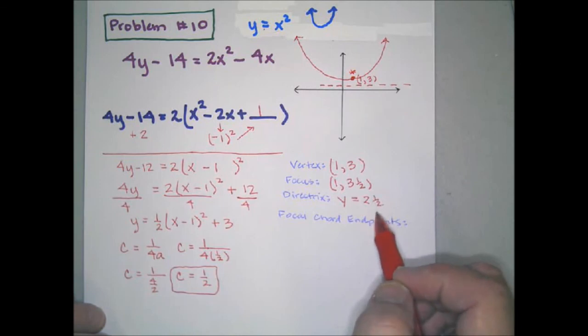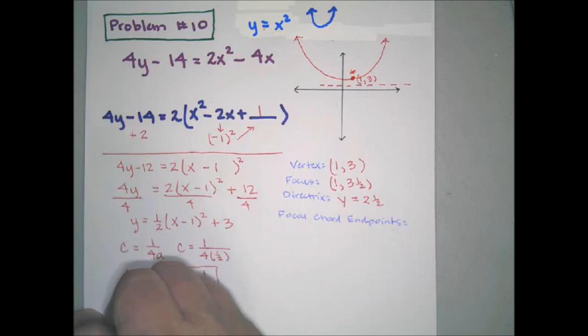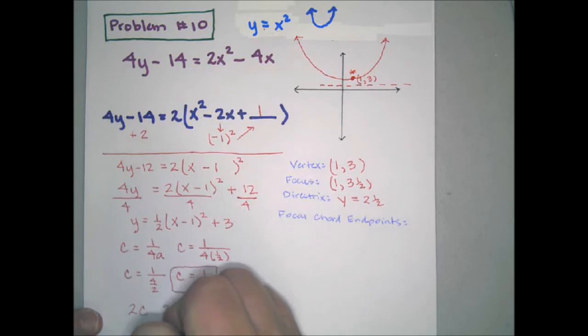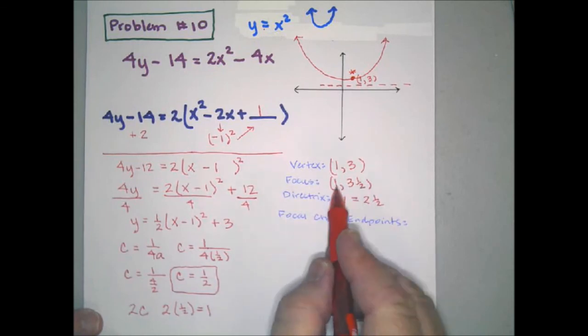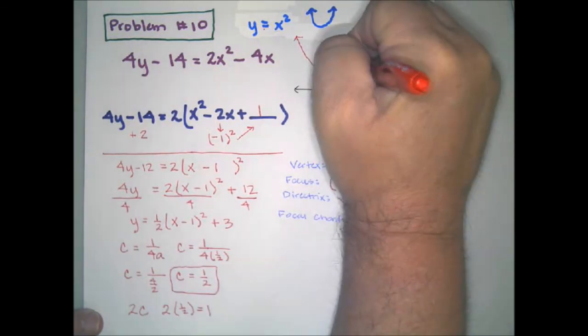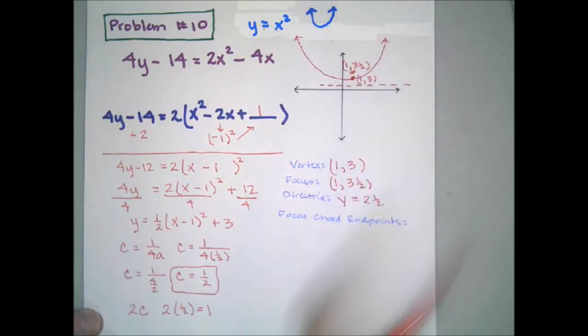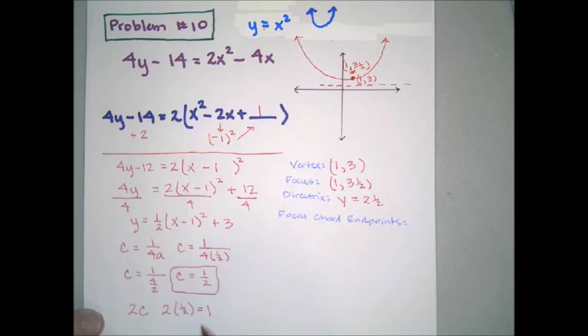And now my focal chord endpoints. My focal chord endpoints are based on 2C. Well, if C is 1/2, then 2 times 1/2 equals 1. So I'm going to get to my focus, which was 1, 3.5 right here. And I'm going to go one step to the right and one step to the left to get to my focal chord endpoints.